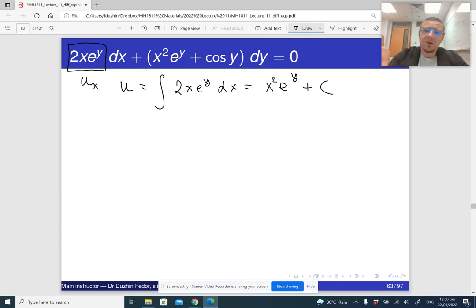So it should really be a constant that depends on y. It's not really a constant, but a function of y, right? Because now if I differentiate this with respect to x, I'm going to basically kill this c of y, which will give me the correct partial derivative with respect to x, right?